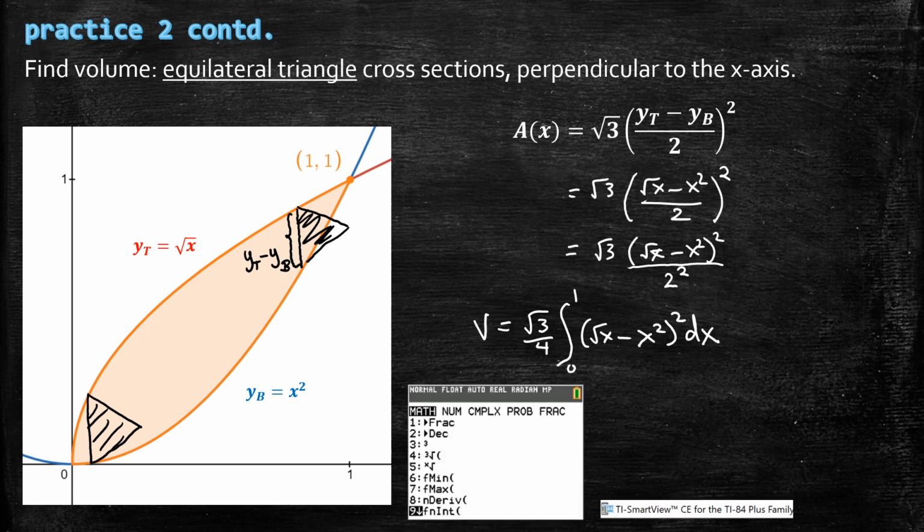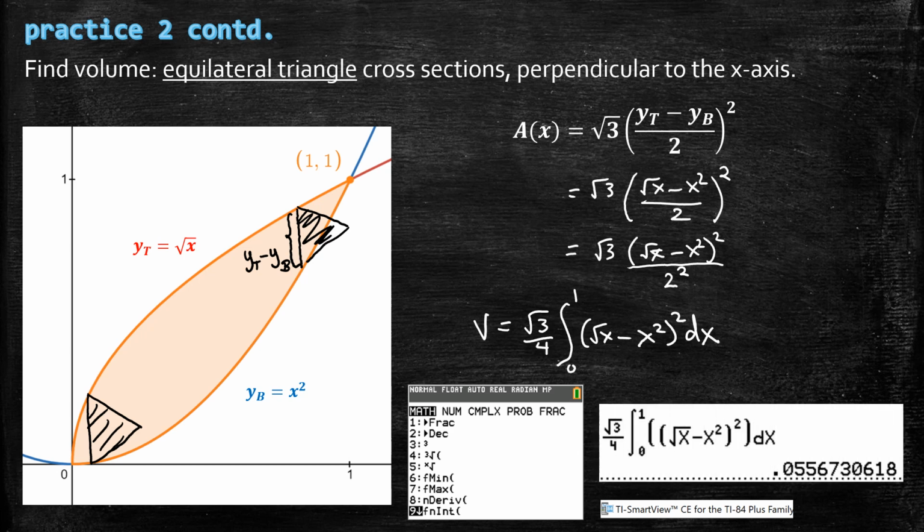But fortunately, if we use the TI graphing calculator, and if you go to the math menu and choose 9, which is fnInt, you will be able to pull up, well, first of all, type in rad 3 over 4 first, then choose math 9, and it brings up the definite integral formula. And when you enter it, be careful with parentheses.